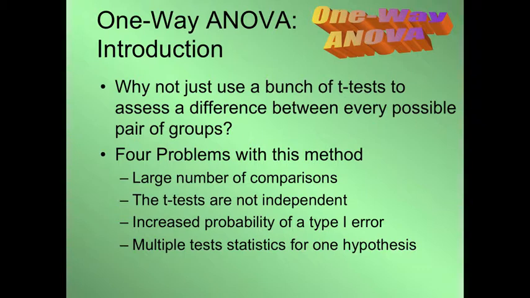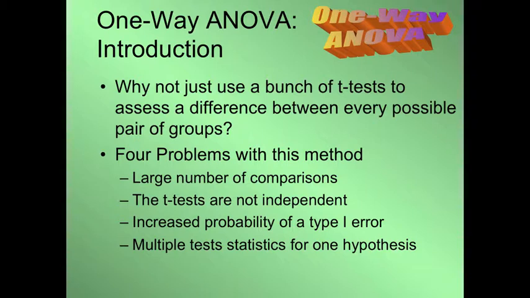And so you're running three t-tests with alpha of 0.05 for each one. So in the end, you actually have more like alpha of 0.15, okay, 0.05 plus 0.05 plus 0.05. So your alpha is increasing, okay? In other words, you have an increased probability of a type 1 error.